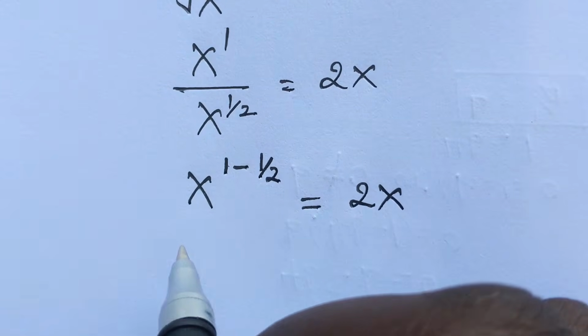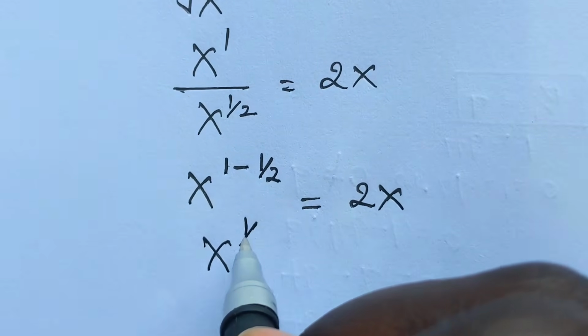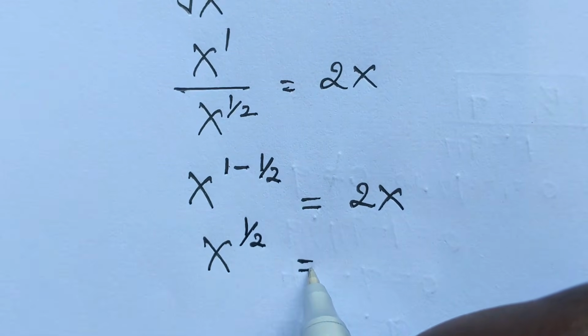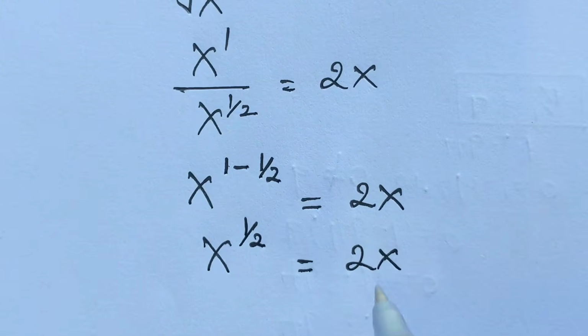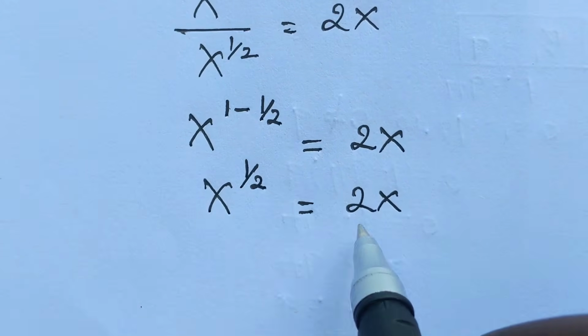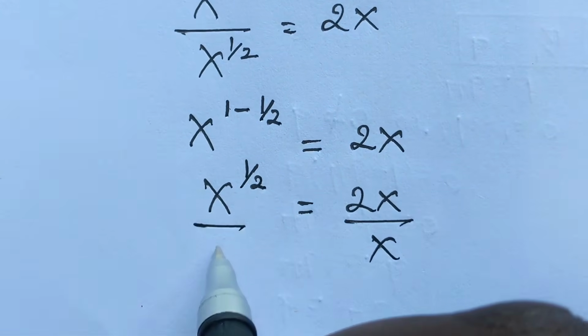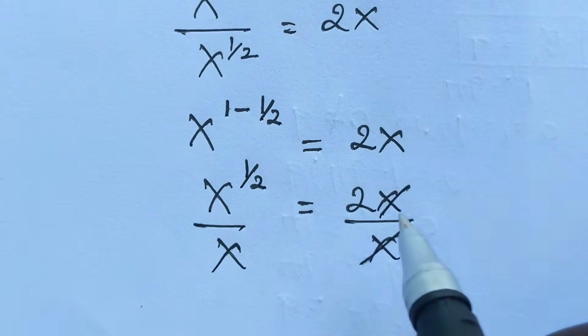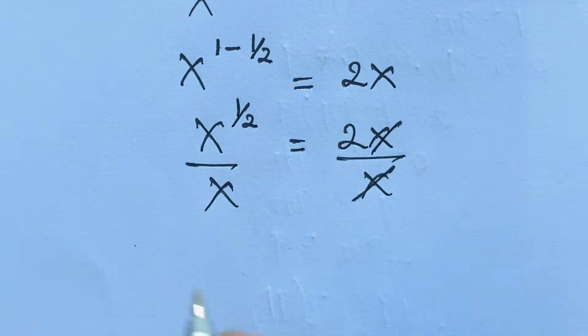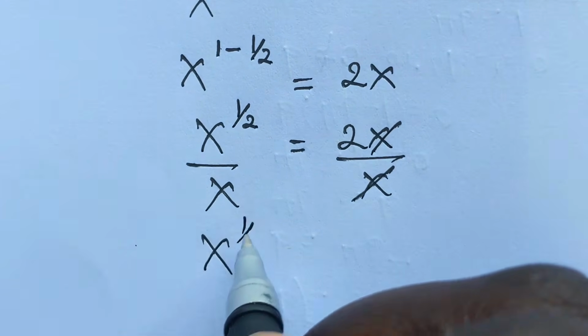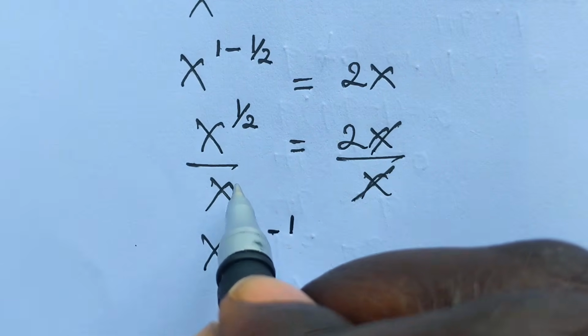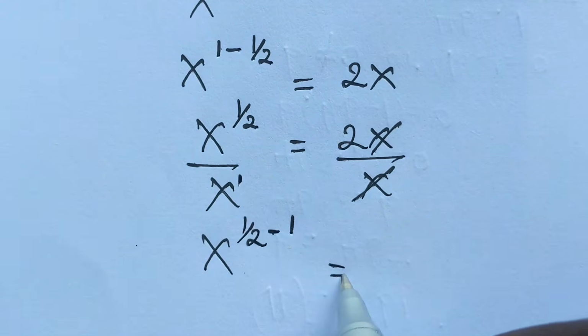So that we can write this as x power 1 over 2, which equals 2x. We shall divide by x again, so this x and this x will be cancelled to get x power 1 over 2 minus 1, because we have 1 right here.